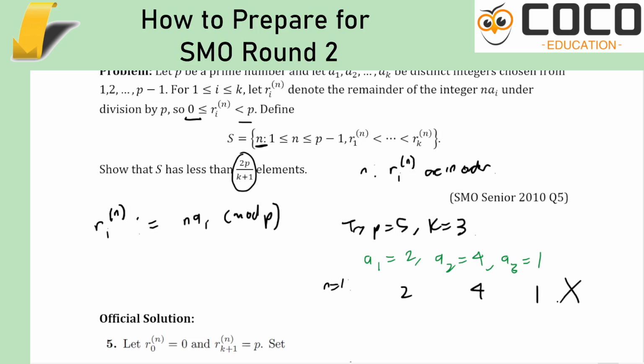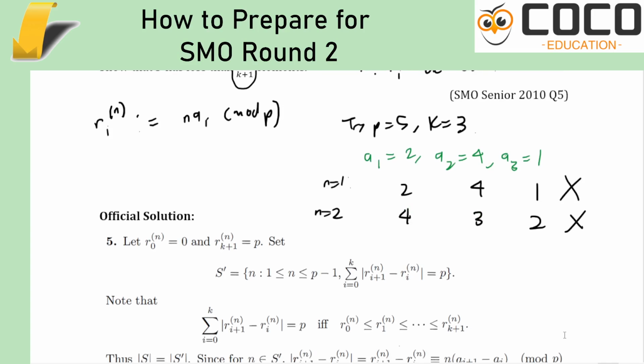This is not in order. For n equals 2, it means you multiply all of these by 2. This is still not in order. If I multiply them by 3, this is in order. If I multiply this by 4, this is not in order, and so I just got 1.